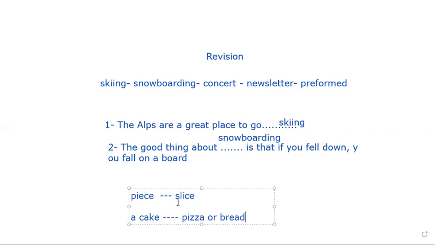I will tell you why. Because a slice here is a triangle or rectangular shape. It's thin. It doesn't have very big dimensions. But a piece of cake, a piece of chocolate, or a piece of your sandwich, okay, this piece is going to be bigger than a slice. It's going to have bigger dimensions.